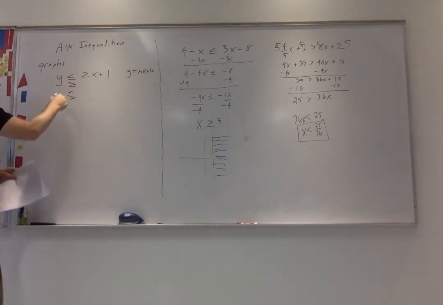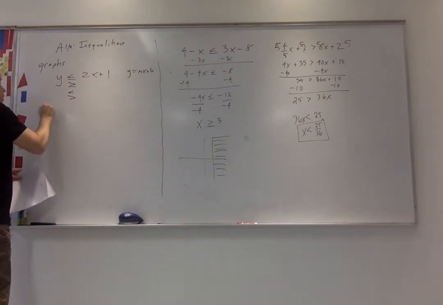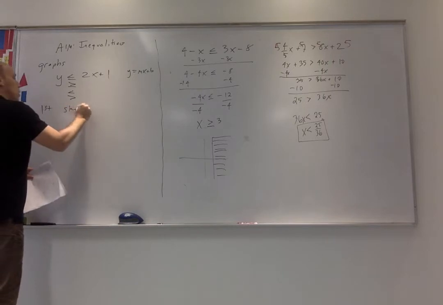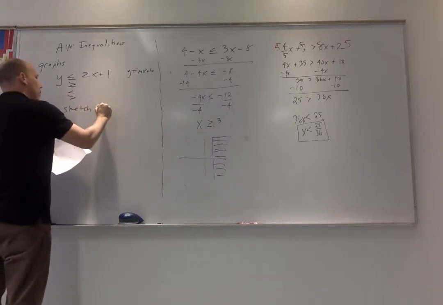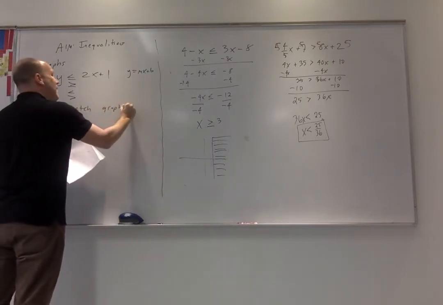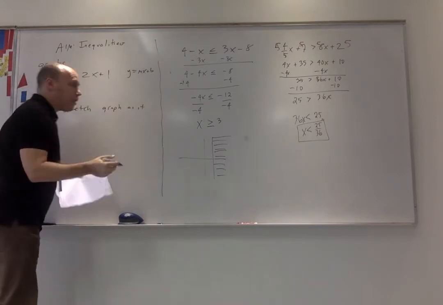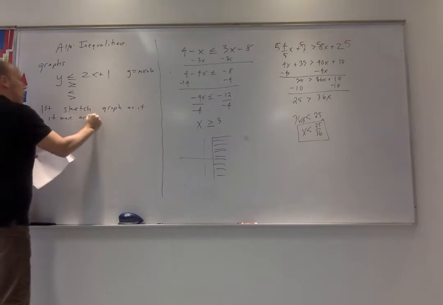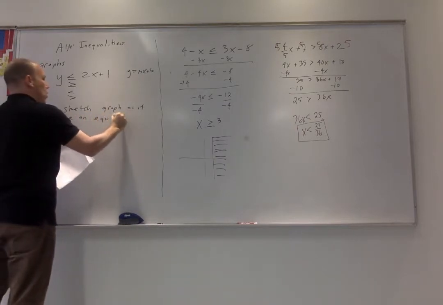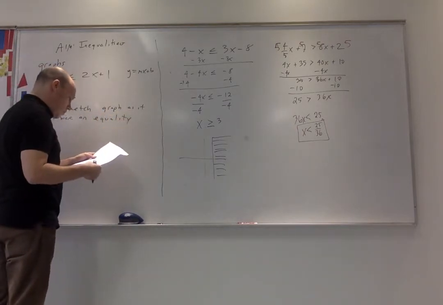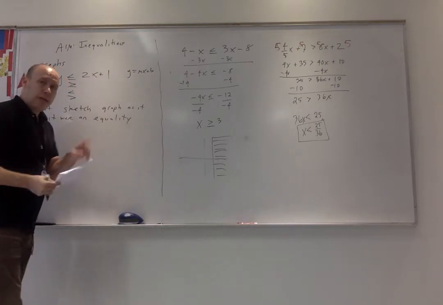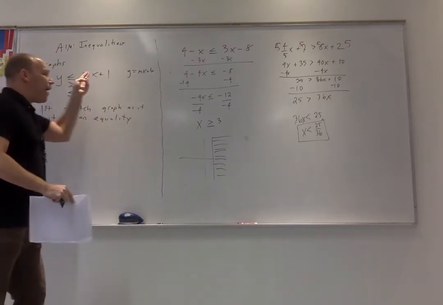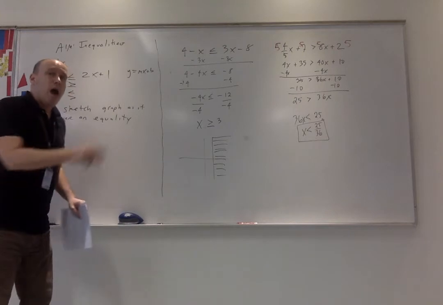So regardless, step one, sketch the graph as if it were an equality. Now you look at this and go, okay, I know y equals 2x plus 1. Let me do it on the side.